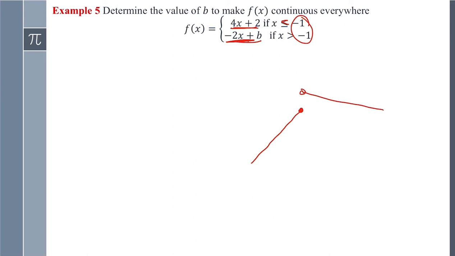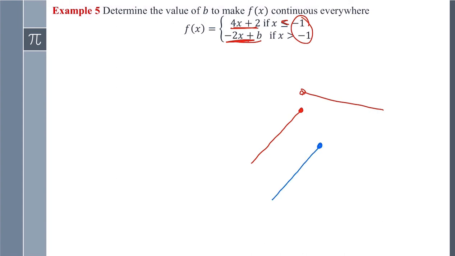Okay, so if this happens, then it is not continuous at -1 because the left hand limit and right hand limit are not the same. The limit does not exist, so it does not satisfy all the conditions. But what could happen is if this graph looks like this. So this is a left side graph.